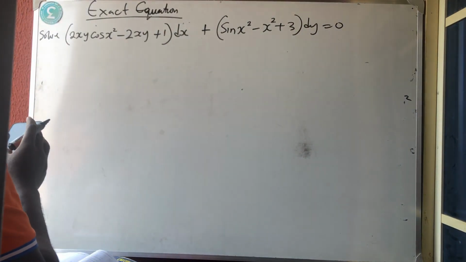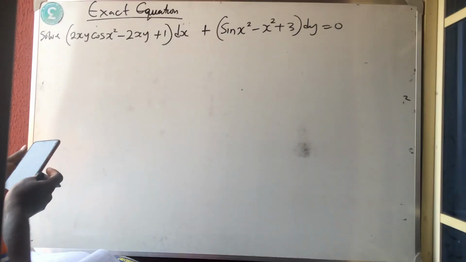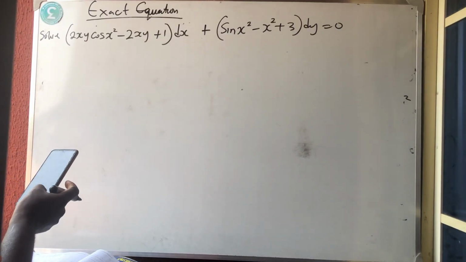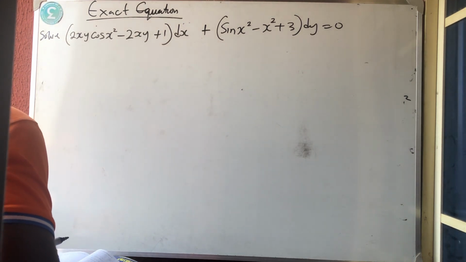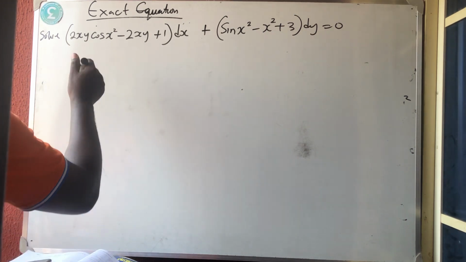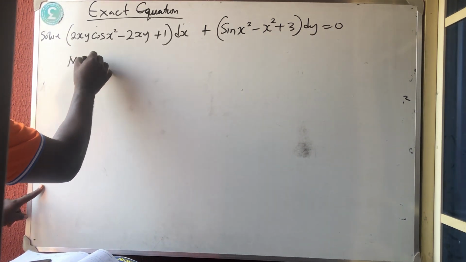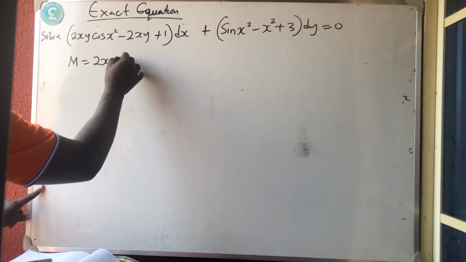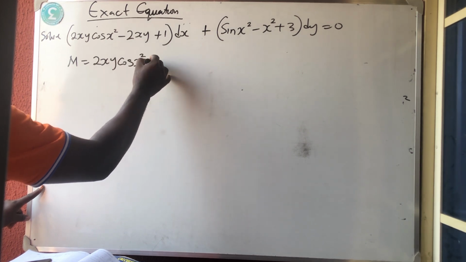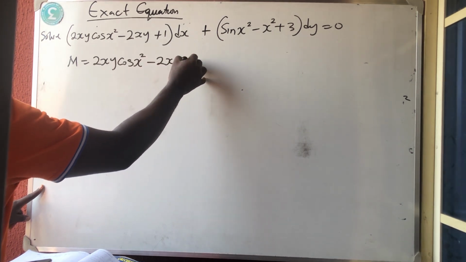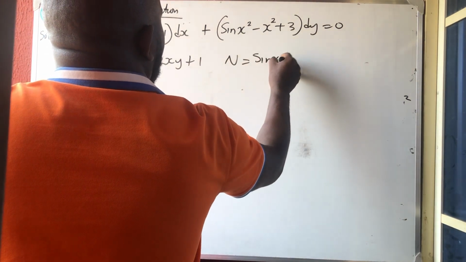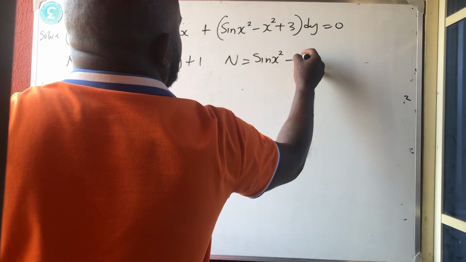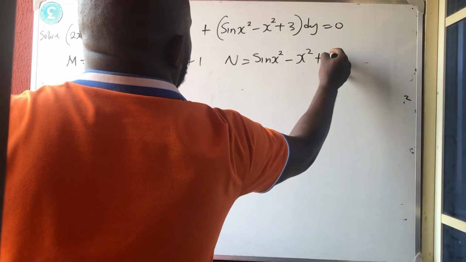So let us check if it's exact. So M is equal to 2xy cos x squared minus 2xy plus 1, and my N is sine x squared minus x squared plus 3.